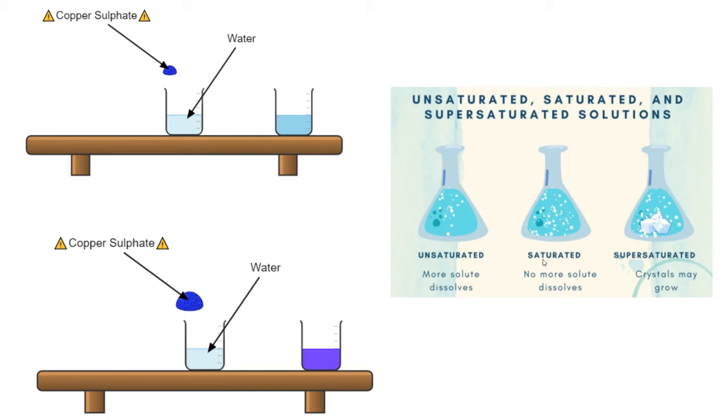A saturated one would be a solution where a lot of solute has been added to the solvent and the solution is absolutely jam-packed and can't take any more solute. If you add more solute at that point, you start to get big lumps of copper sulfate at the bottom of the solution. And that means that the solute, the copper sulfate, is no longer dissolving.